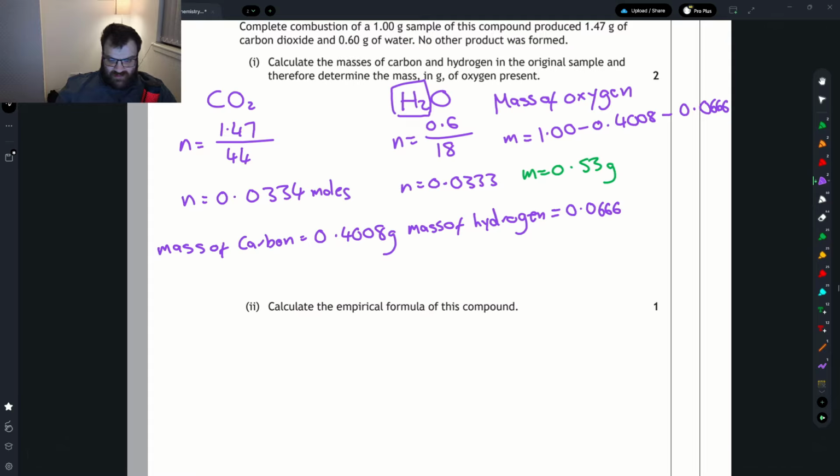So we have got our C to H to O. Importantly here, we already know the moles of the carbon is 0.0334, and hydrogen was 0.0333, pretty much the same.